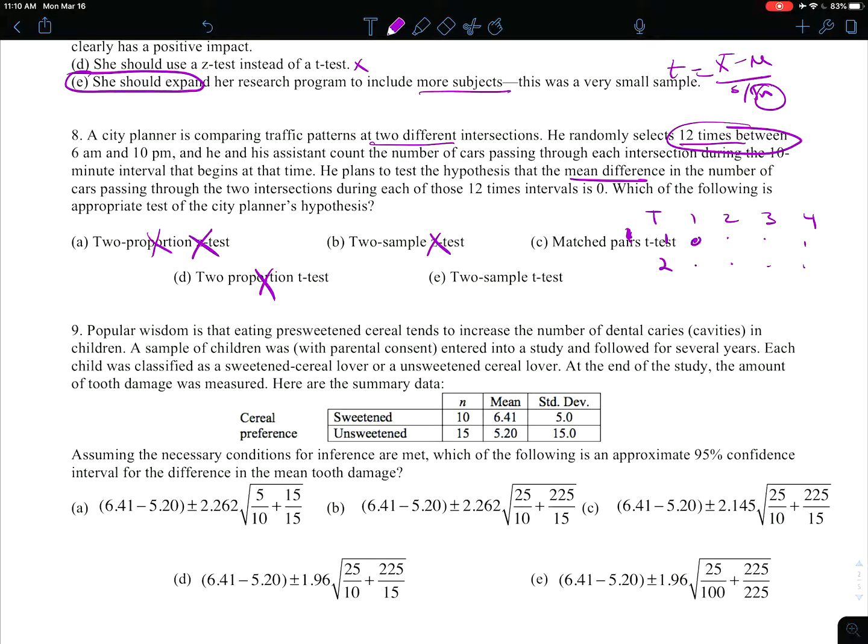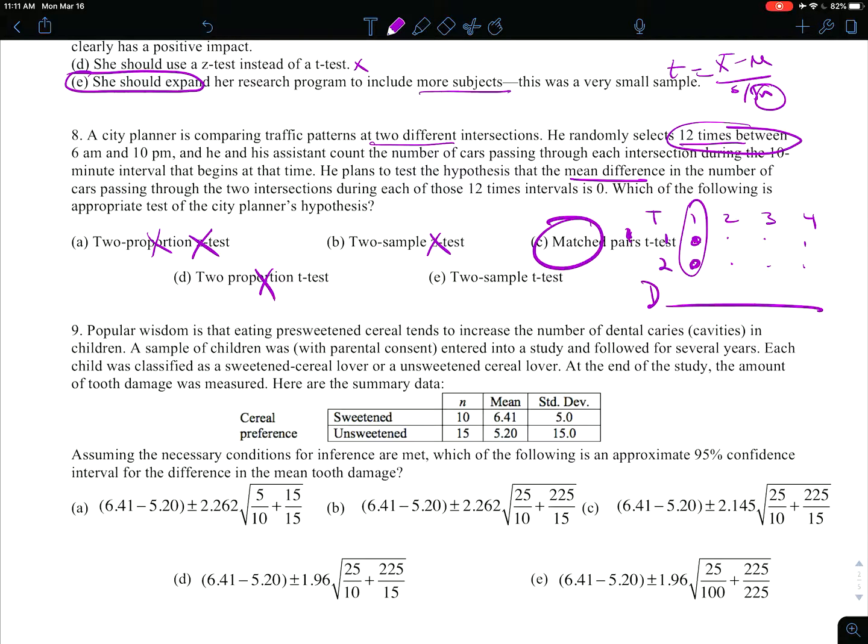So these 2 measurements for intersection 1 and intersection 2, they're paired up at this time. That's the categorical variable that's connecting these 2. It wasn't a random sample of times at this one intersection and a separate random sample of times at this other intersection. It was only one random sample, so that leads me to think it's going to be a 1-sample t procedure. In this case, the matched pairs, where we're looking at the difference, is our 1 sample.